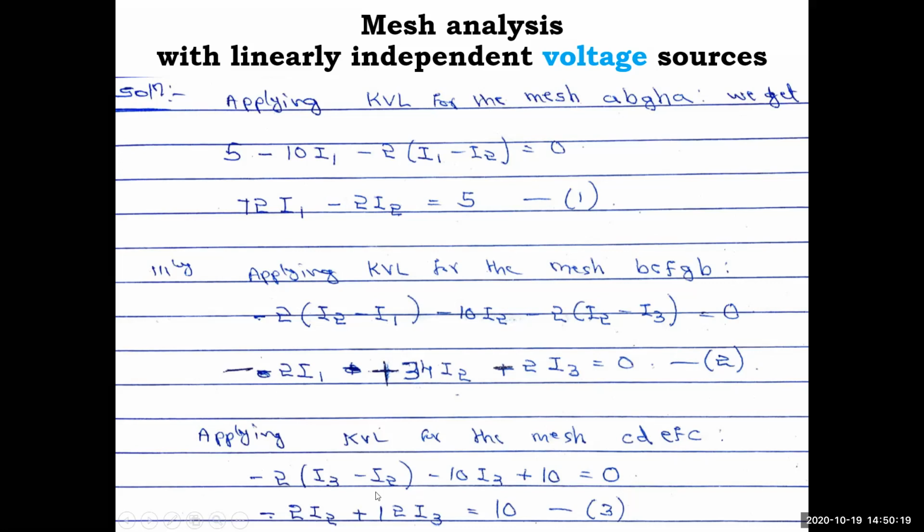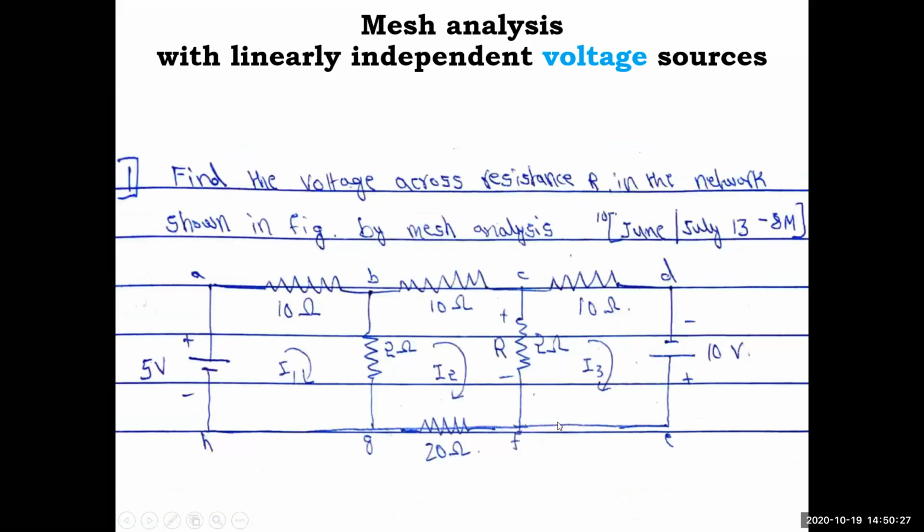So it is a KVL: I3 minus I2, then minus 10 I3, then plus 10 here. So why is it plus 10? The direction is such that minus to plus is coming, so it is plus; minus we have taken, so this will come minus. Okay, so now if you write the general equation, 3 and 1, is there any common?